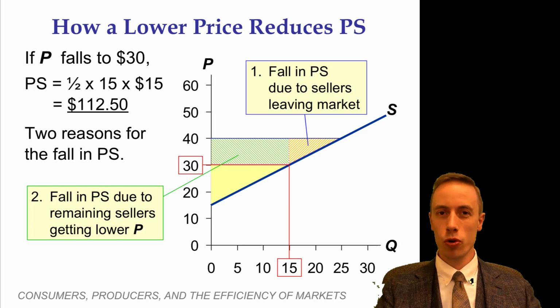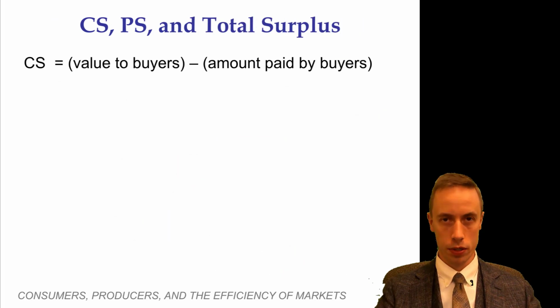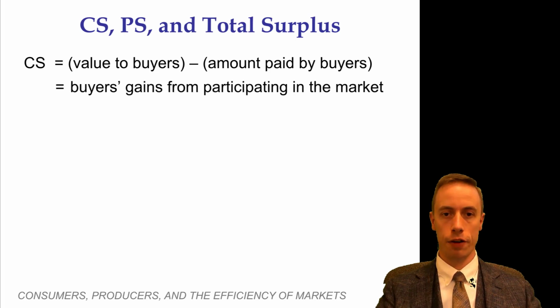Let's do a small recap and finish out by talking about what efficiency means. We've learned about 2 measures of well-being in a market. The first was consumer surplus, which measures the well-being of the buyers. It's the difference between the value of a product to buyers, what we call willingness to pay, and what the buyers actually pay for the product.